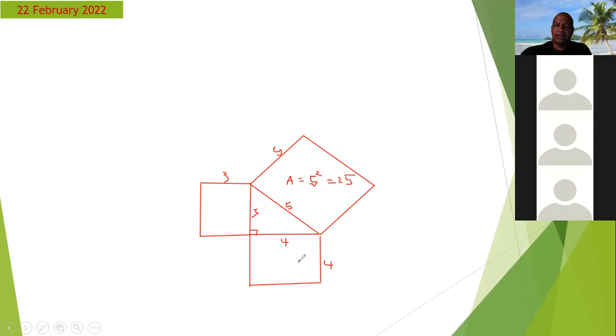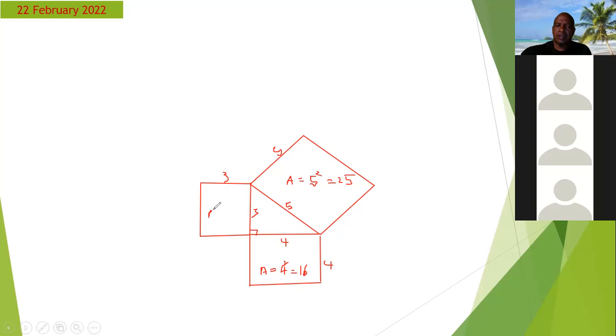And if you do the same thing for the base, the area would be 4 squared, and that would give you what? 16. All right, so the area is 4 squared, and you would get 16. And if you find the square of the side that the leg forms, you will get 3 squared, and you get what? 9.